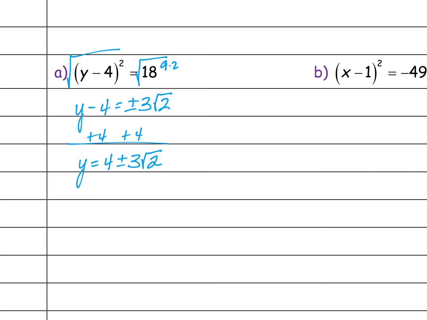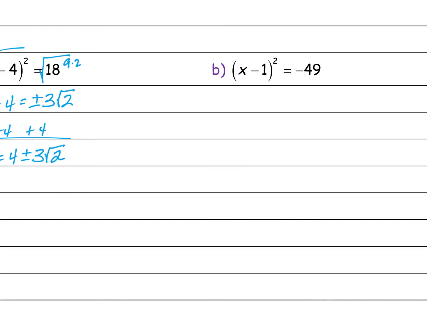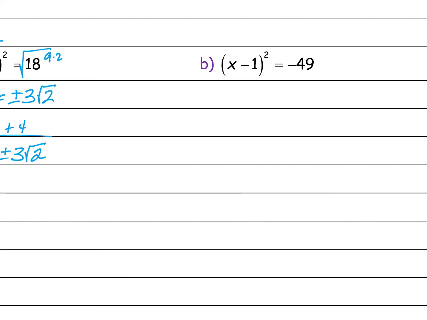Yeah. Next is almost the same thing. Beautiful. So I'm going to take a square root here, and I'm going to get x minus 1 is going to be plus or minus 7i. Add 1, and x is going to equal 1 plus or minus 7i.